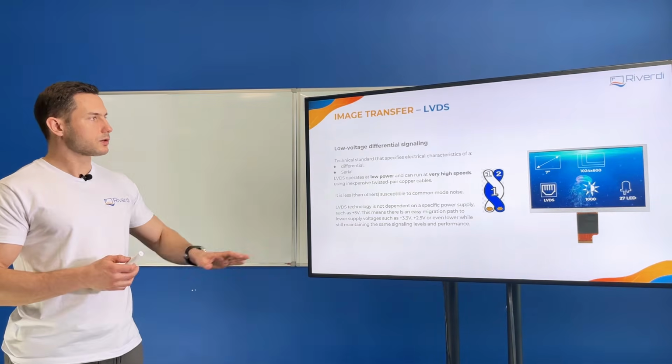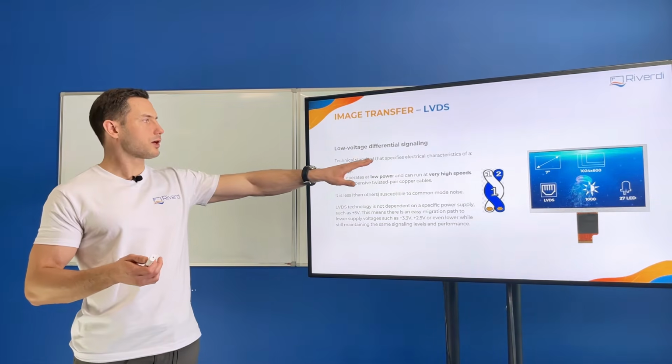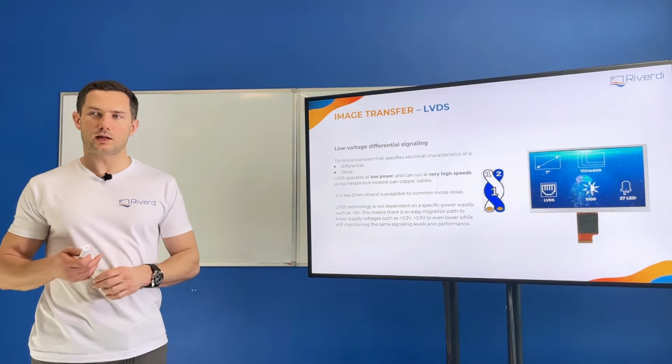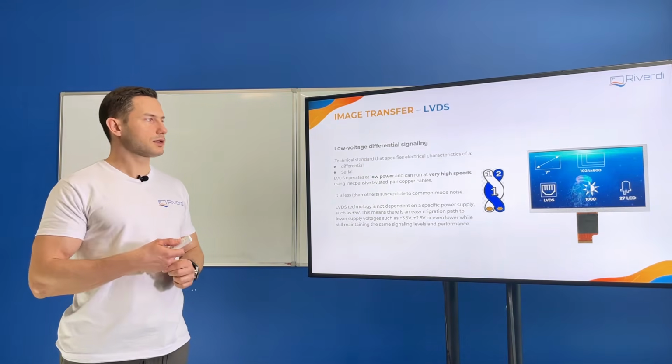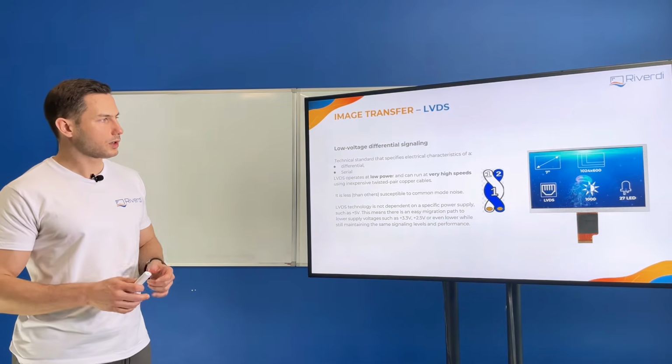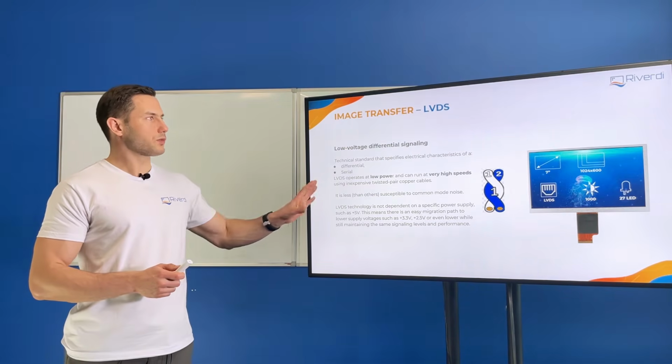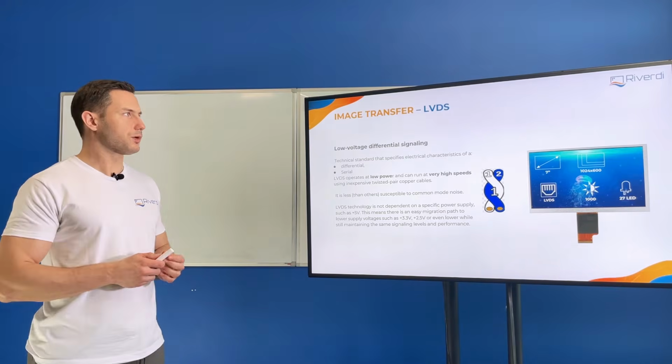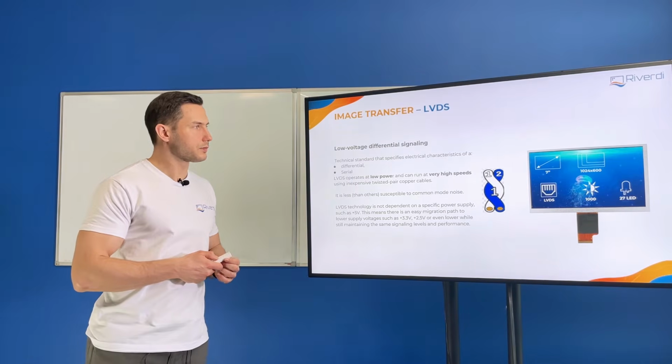So for now, please remember only that a differential signal allows you to send signals with a very high speed and be safe from noises. Yes, so LVDS is the most basic and common interface for that.